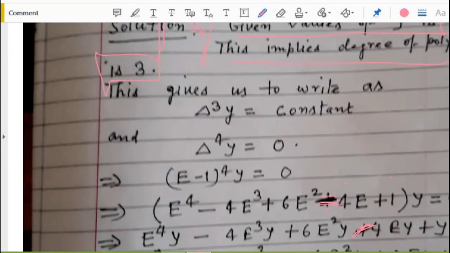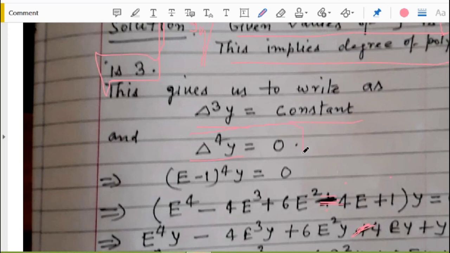If this point is clear, then remember the previous property of the differences of polynomials. This gives us to write, you look at here, third polynomial, degree is the third, so it is constant. If it is constant, 4, 5, 6, whatever you say, then it is nothing else but the given.